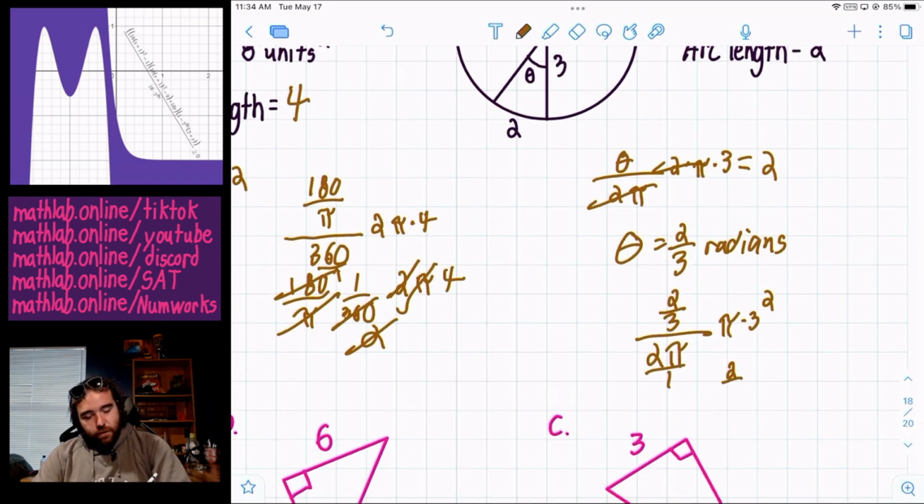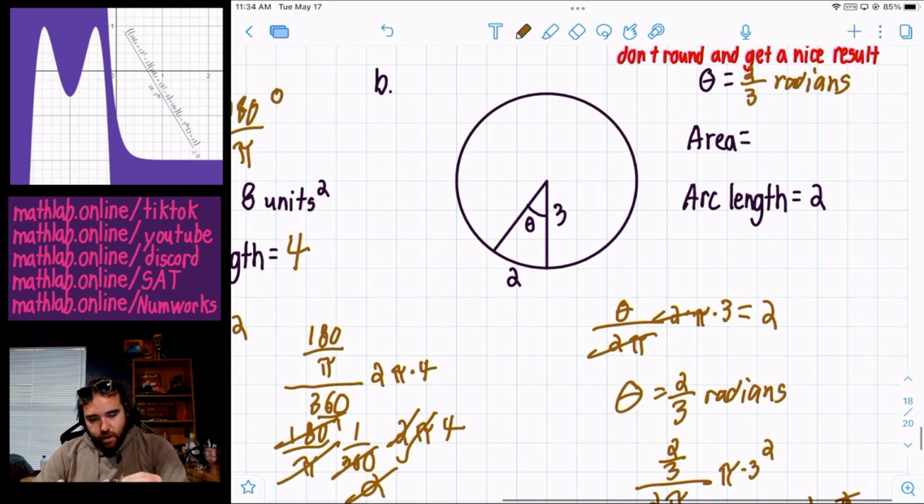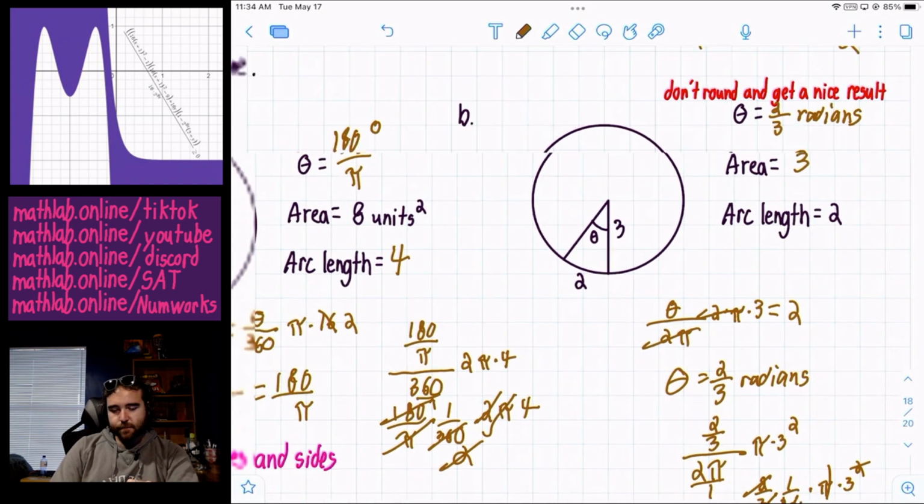So this is 2/3 times 1 over 2 pi times pi times 3 squared. And there's a lot of canceling here. So for sure the 2's, for sure the pi's, for sure one of the 3's. So then the area is 3. Oh, cool. That makes sense. That's believable.